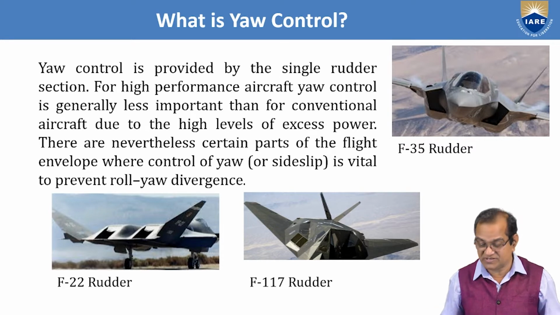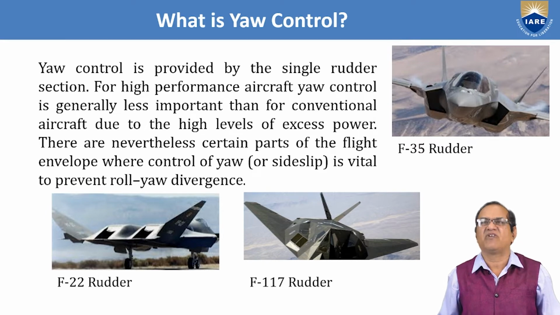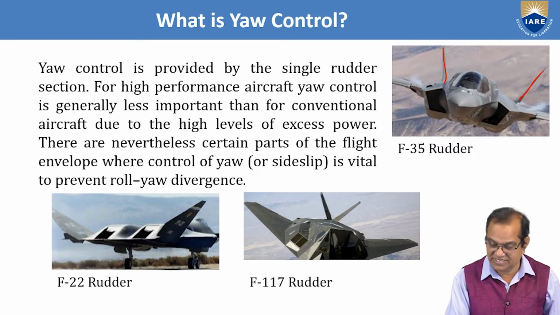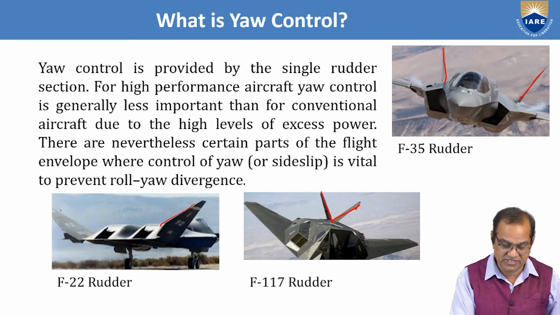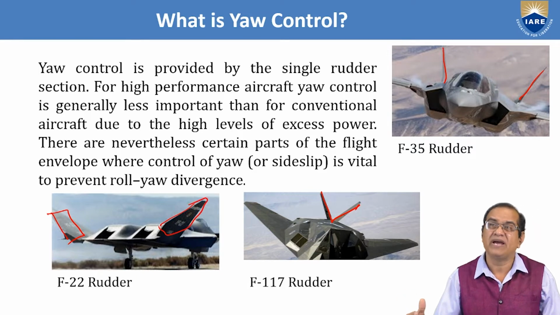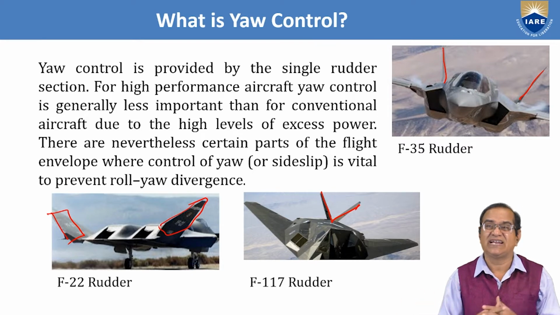So sometimes we need it in high performance aircraft also, and it is done by the rudder. And you can see most of these have different types of rudder, like the V shape here. So in this also we can work. Very good research we can do on different rudder configurations or vertical tail configurations of the aircraft.